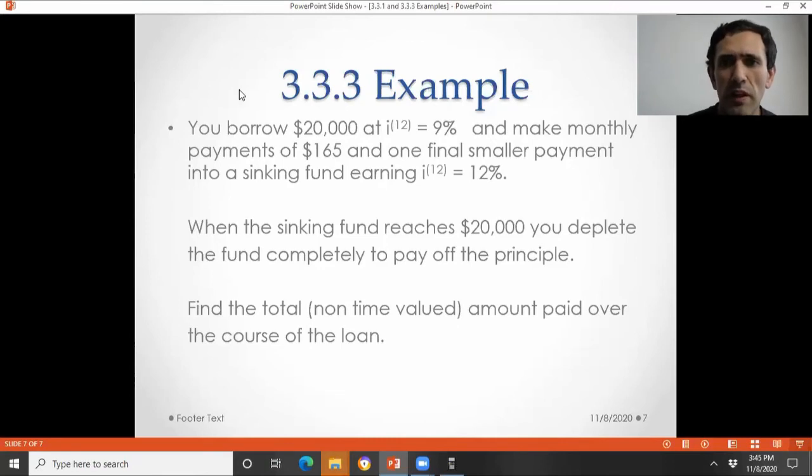Okay. But in this example, you will need to make one final smaller payment. And for the purposes of homework for 333, when they say total amount, that is non-time valued. We're just trying to add up all the payments and see what that is.